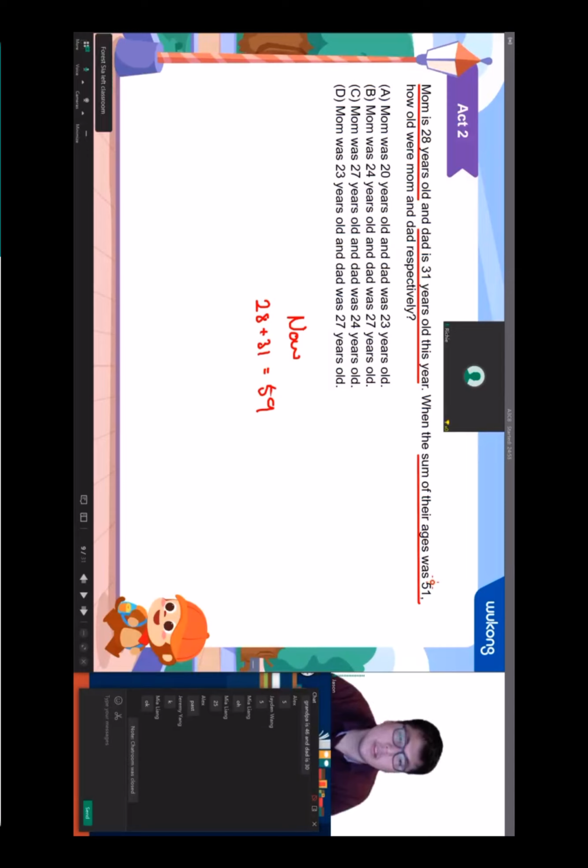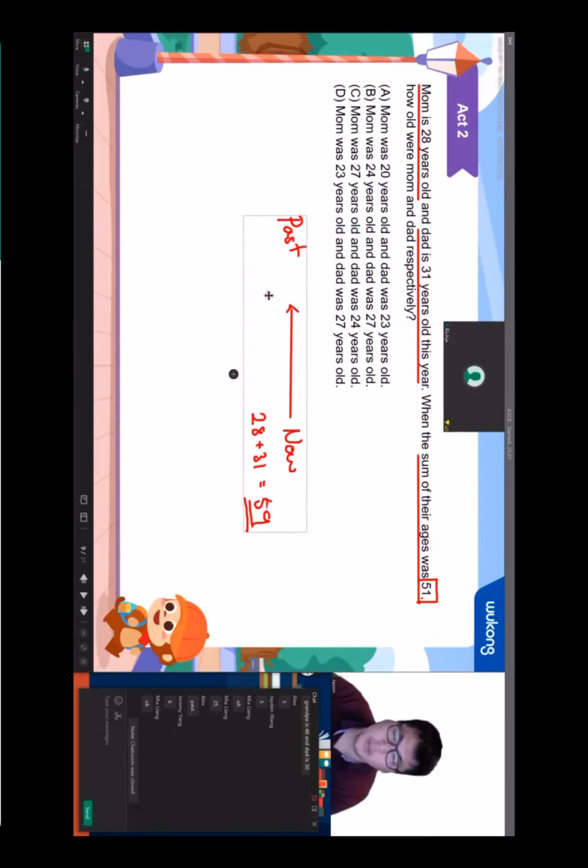We want to see when their sum was 51. So are we working with the past or the future? The past, that's right, Richie. Because right now it's 59, but we're looking at 51. So we're trying to figure out the past.